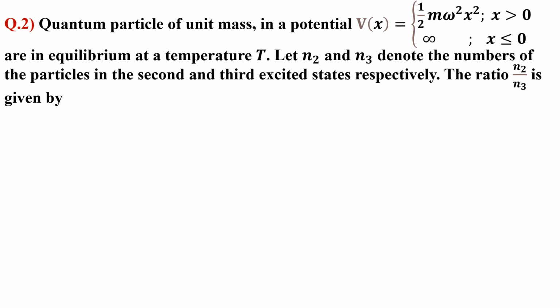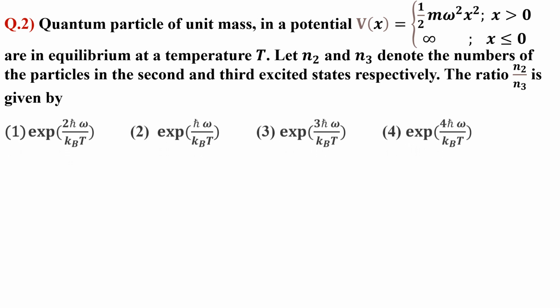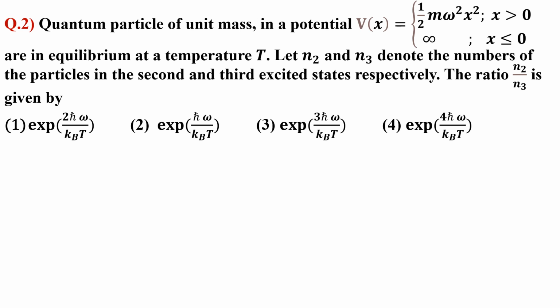The ratio N2 upon N3 is given by option 1, exponential 2h cross omega upon kBT, option 2, exponential h cross omega upon kBT, option 3, exponential 3h cross omega upon kBT, option 4, exponential 4h cross omega upon kBT.